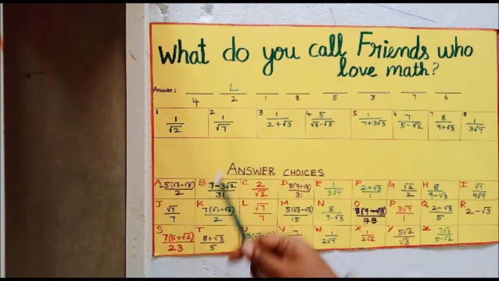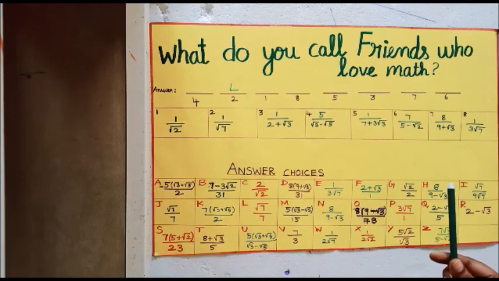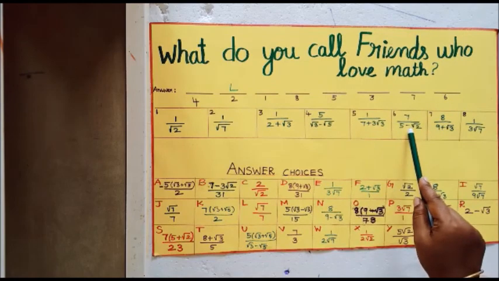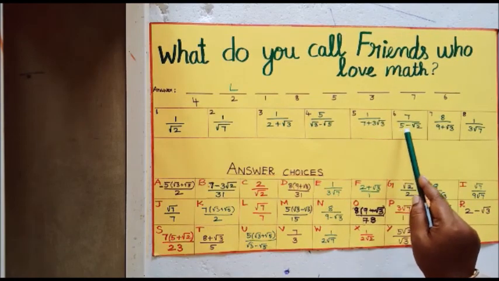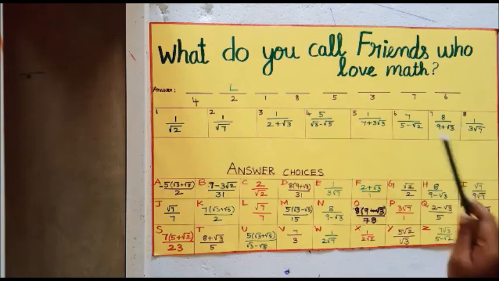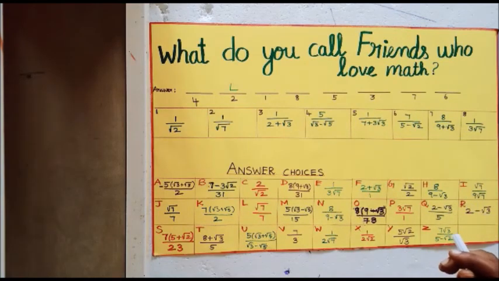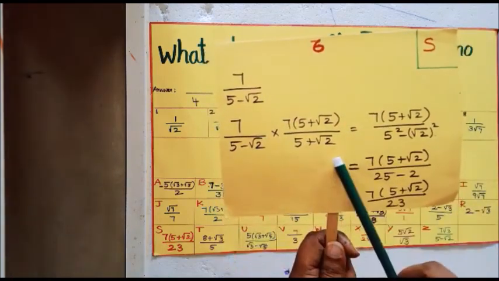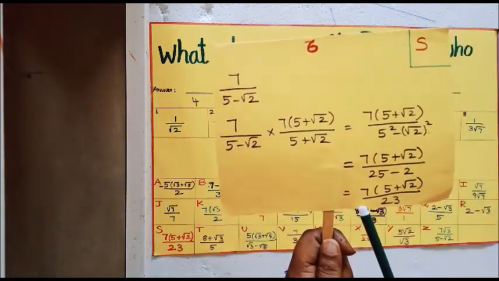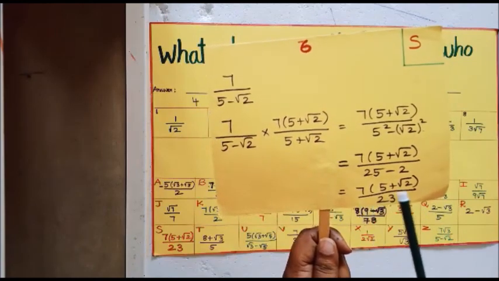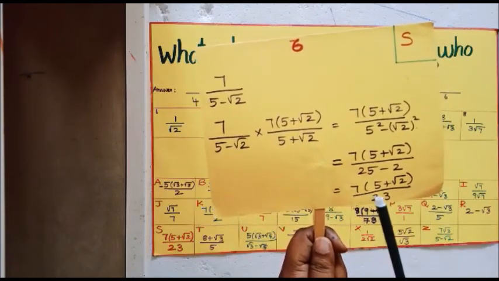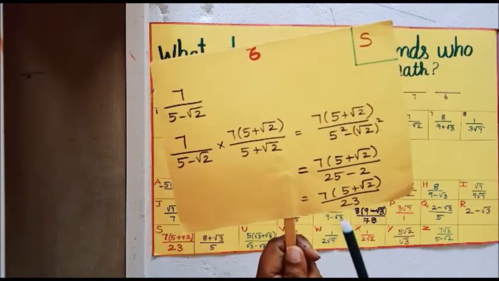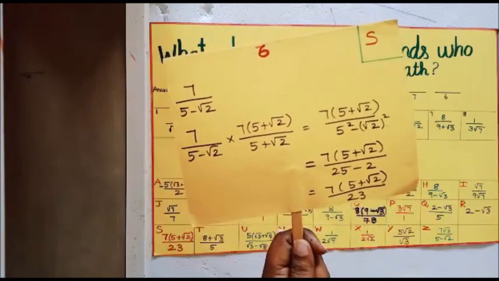Shall we choose question number 6? Randomly I am choosing it. The 6th question is 7 by root 5 minus root 2. What you have to do is rationalize the denominator. Using the process, the answer is 7 into root 5 plus root 2 by 23. Now you have to find where this answer is in the A to Z alphabets.